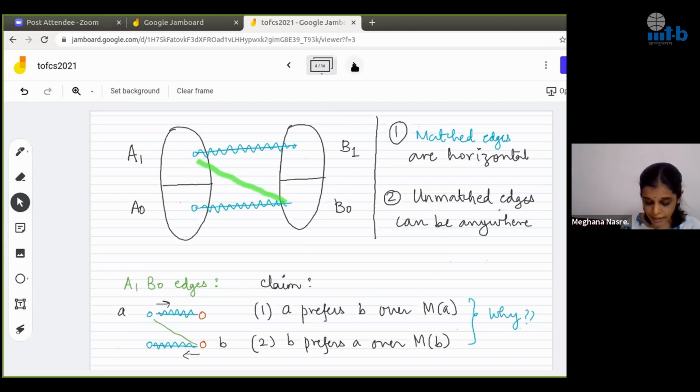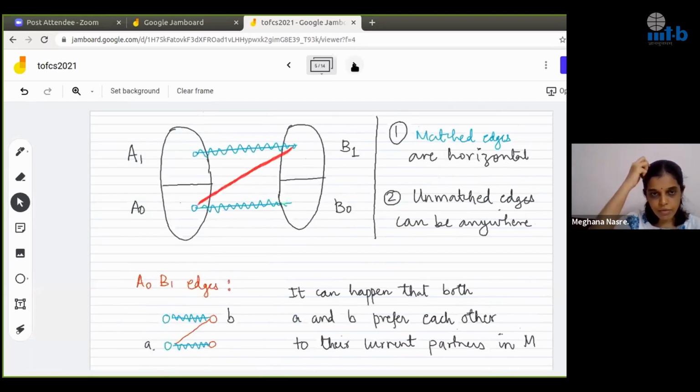On the other hand, let's look at these edges, that is of the form A0 to B1. Okay, so I did not change your view, sorry. So let's look at these edges, which is A0 to B1.